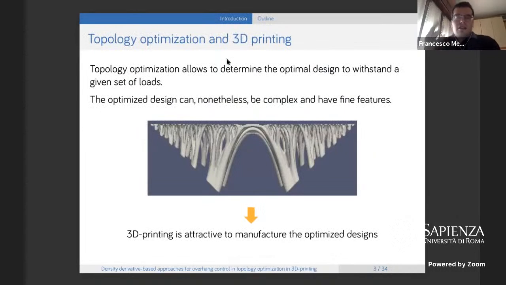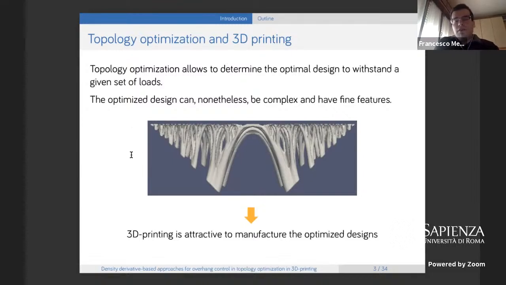Well, let us then briefly overview the framework of this talk. And again, we are interested in the possibility of 3D printing the result of a topology optimization process. And this is interesting because the optimized design can be very complex, can have very fine features, like in the example here reported.